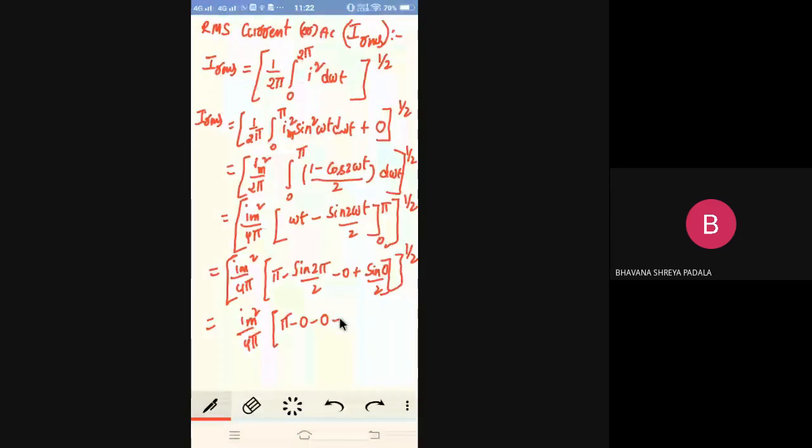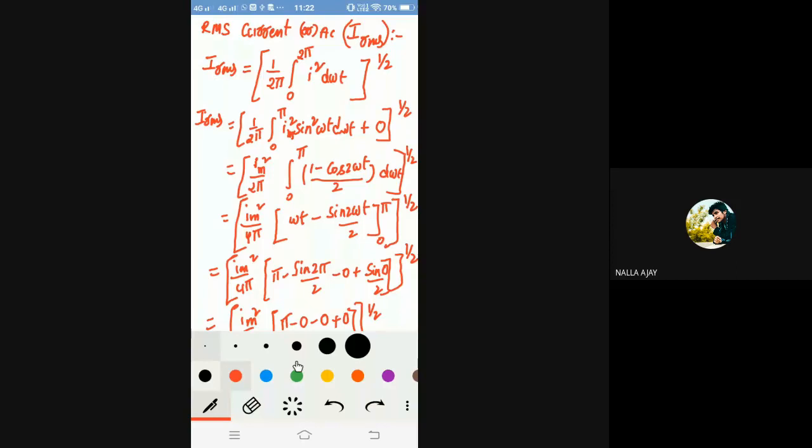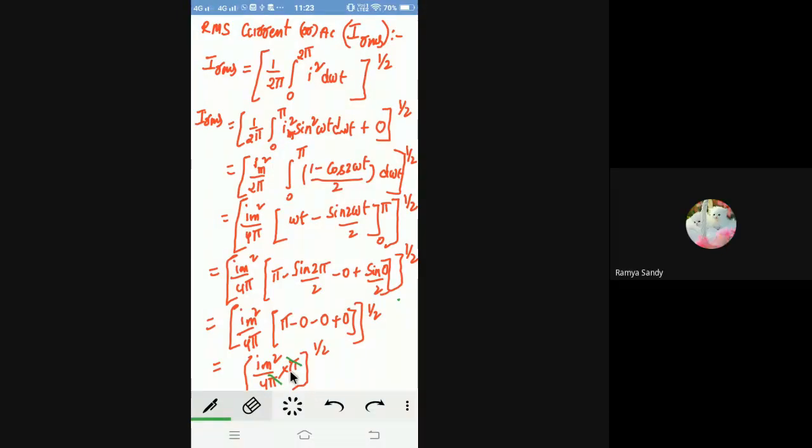Im square by 4 pi into pi, whole power 1/2. ఇక్కడ మనకి pi క్యాన్సిల్ అయింది. So Im square by 4, whole power 1/2, అంటే it is nothing but Im by 2, so it is the RMS current of a rectifier.